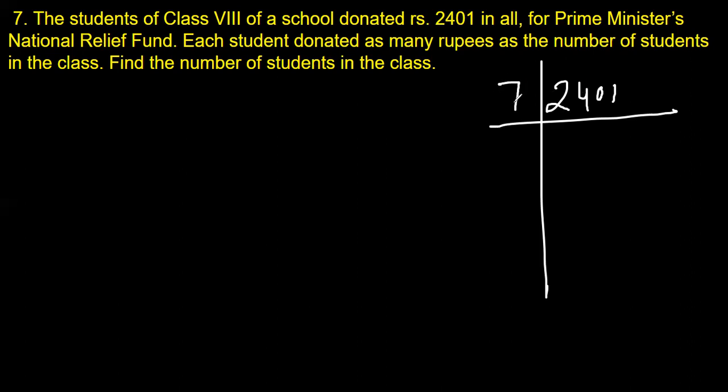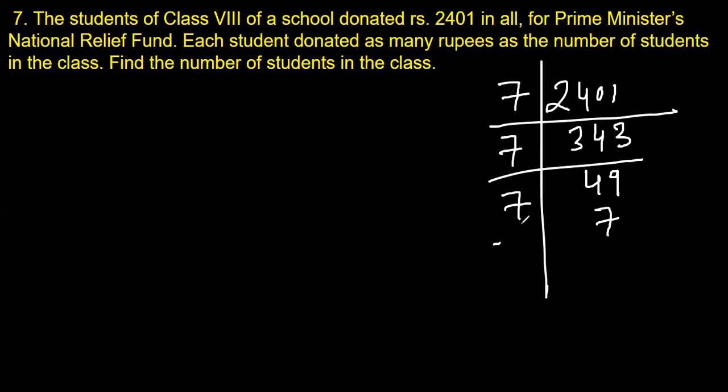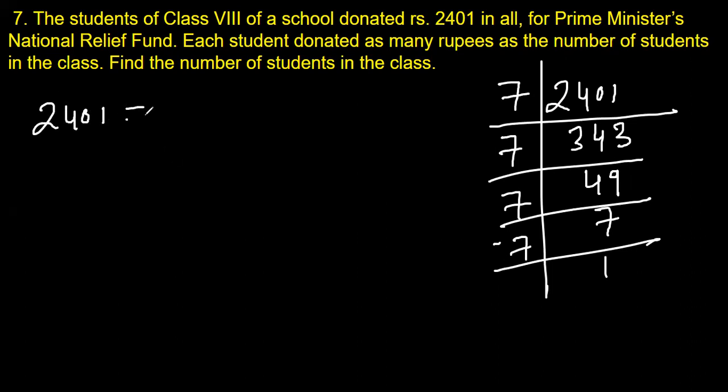Then we check divisibility by 7. 7 times 343 is 2401, 7 times 49 is 343, 7 times 7 is 49, and 7 one time. So we can write 2401 is equal to 7 times 7 times 7 times 7.